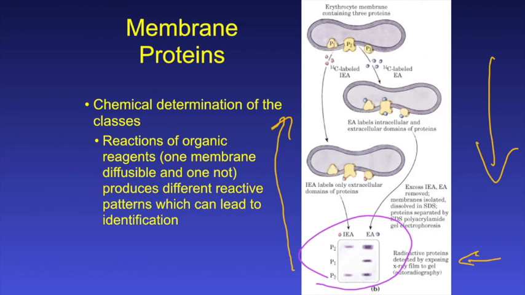I do not see the third one because it's internal. I don't see it at all. But with the one that can go through the membrane, I react both on the outside and on the inside, and you can see that one protein is on the outside but doesn't reach the inside. One protein's on the inside, doesn't react on the outside.